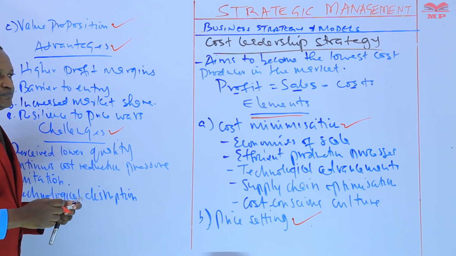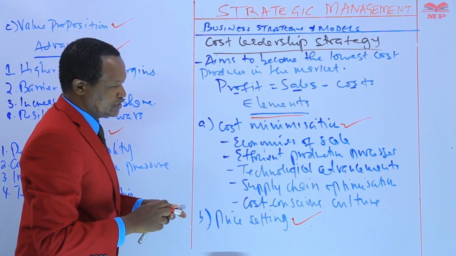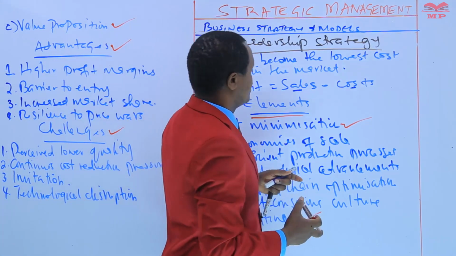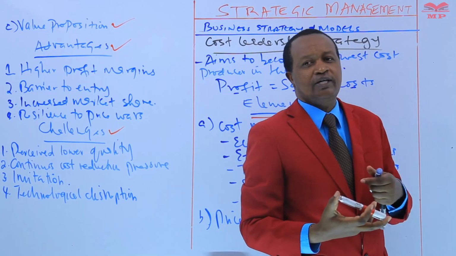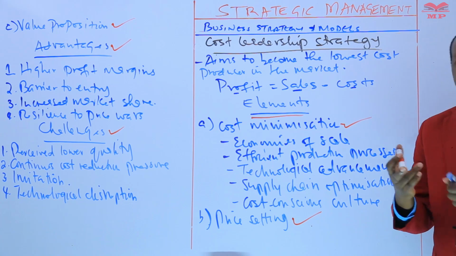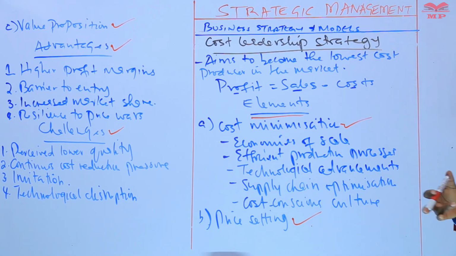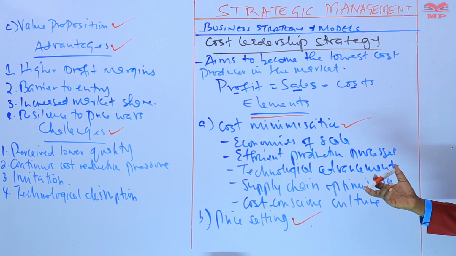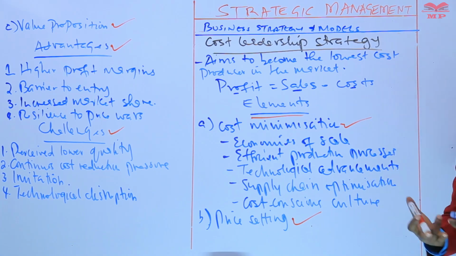Now, to give a few examples, candidates, here in Kenya of companies that have adopted this strategy, one company that comes to mind is Naivas supermarket, which has positioned itself in the recent past as a cost leader in the Kenya retail market by focusing on economies of scale, efficient supply chain management and bulk purchasing in order to offer lower prices than its competitors.